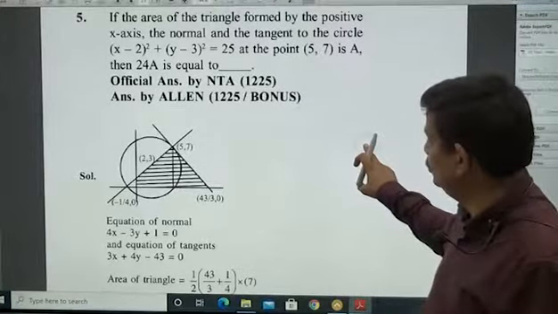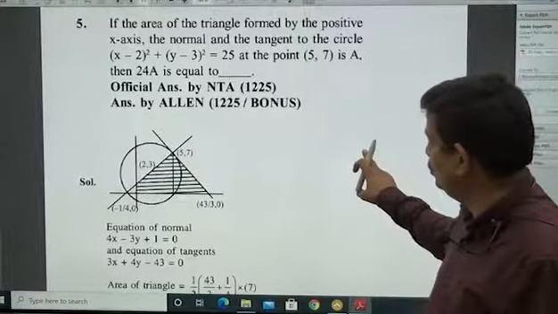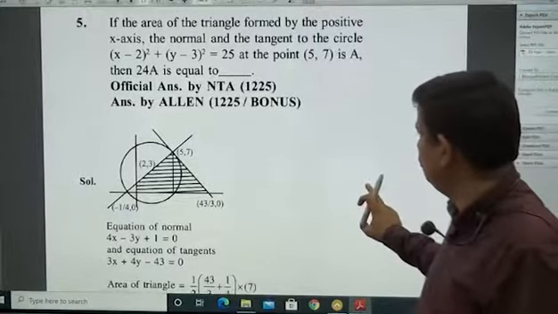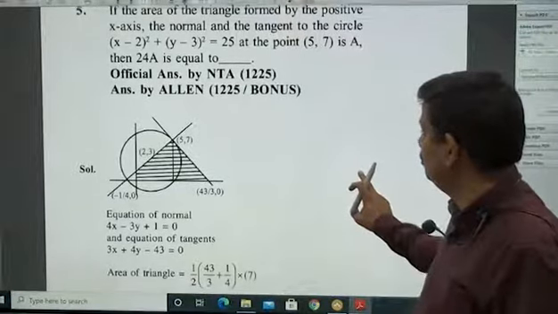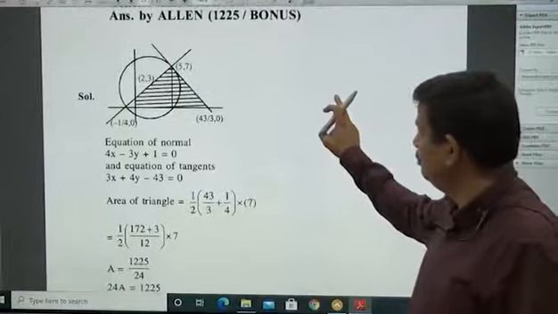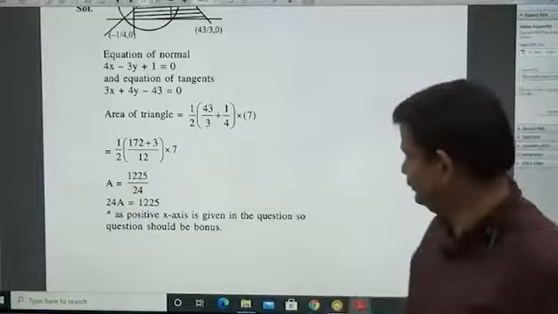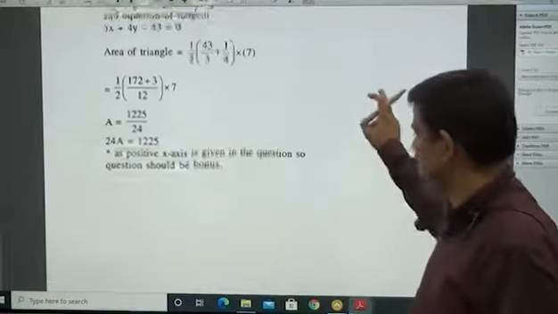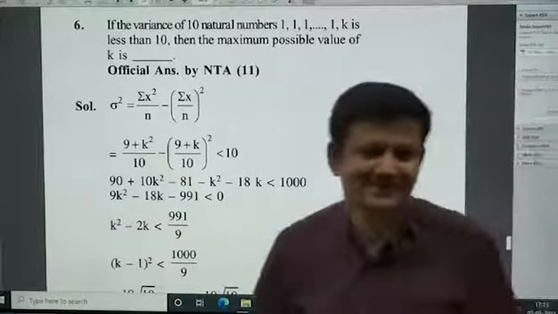Oh. Acha, positive x-axis, that is creating the problem. Fine, x-axis.